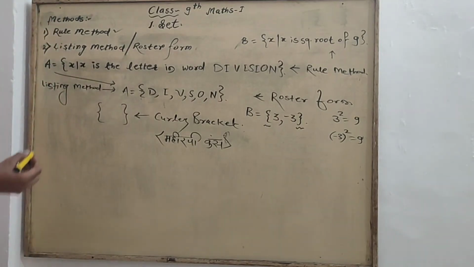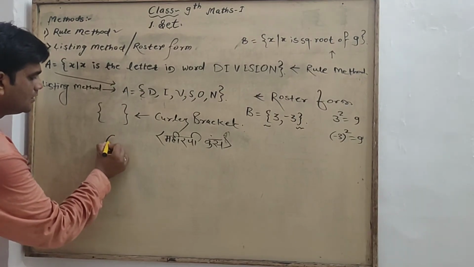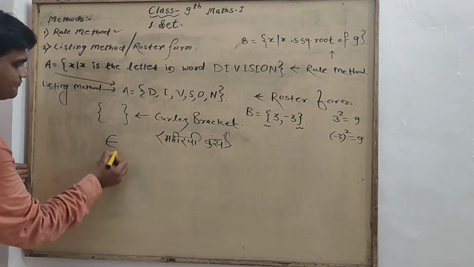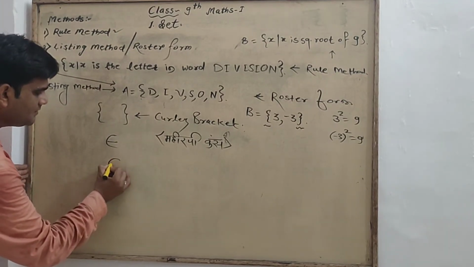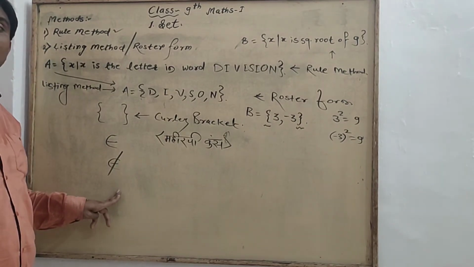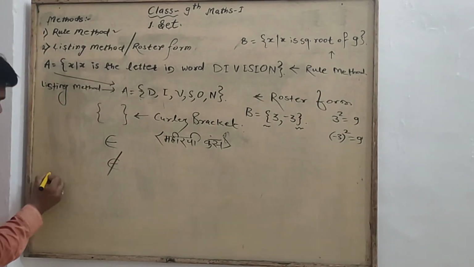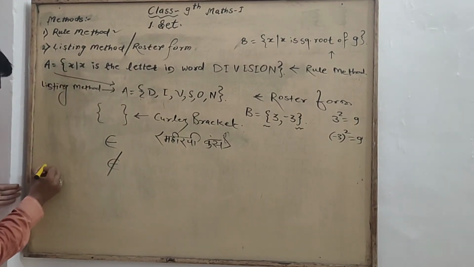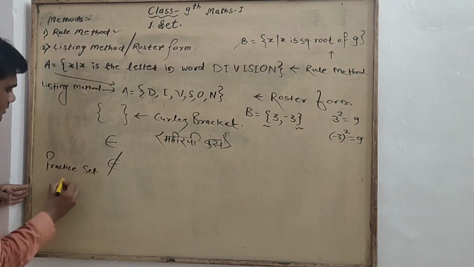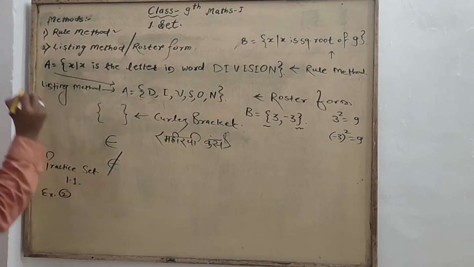Now we will take some examples like these notations. This sign is called belongs to. What is this sign? Belongs to. This sign is called not belongs to. What is that? Not belongs to. Now students, see here, practice set 1.1, example number 2.